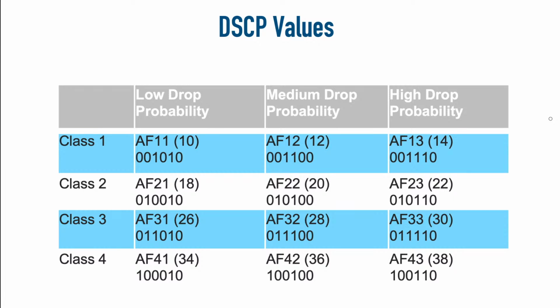So I'm going to go nice and slow here, and I'm going to periodically check the Q&A to see if anybody has a specific question that I can answer for them. Here's the deal, though. There are 4 different classes of DSCP values. Notice we have class 1, 2, 3, and 4. What does the class mean? The class is the IP precedence equivalent value.